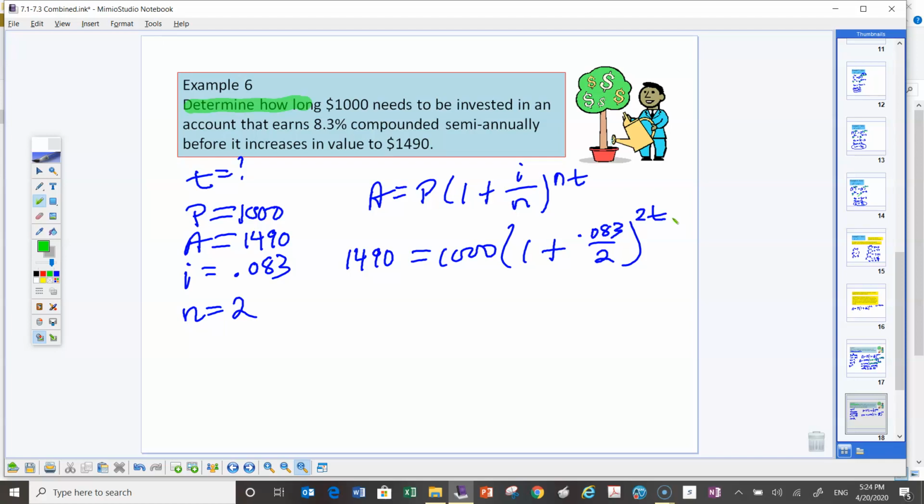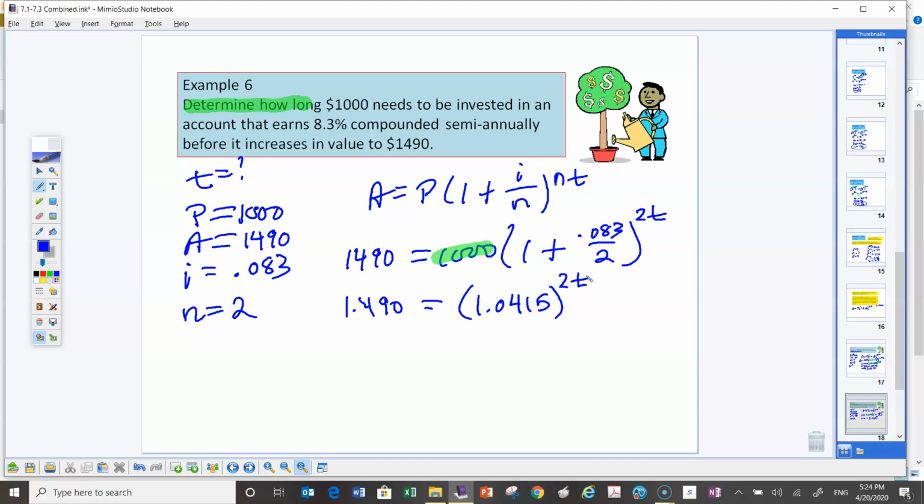But the first thing I have to do is divide the 1,000 over to the other side. So 1,490 divided by 1,000 is going to leave me with 1.490 is equal to, now I can work out the stuff in brackets, so 0.083 divided by 2 plus 1 is going to be 1.0415 raised to the 2t.